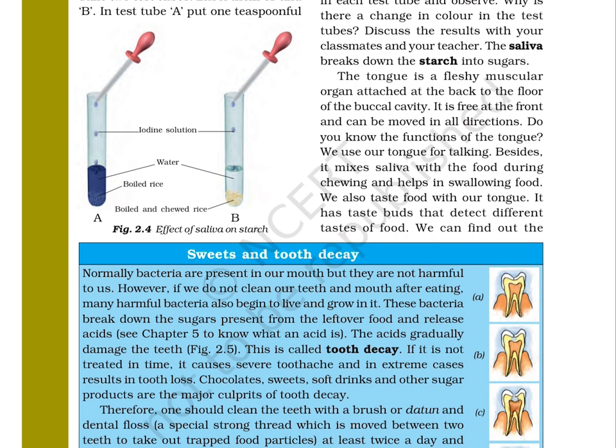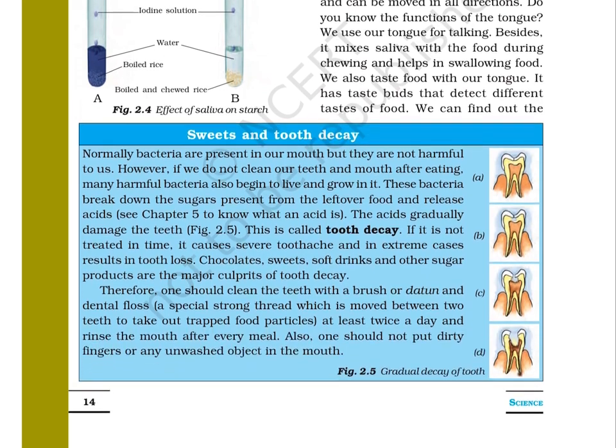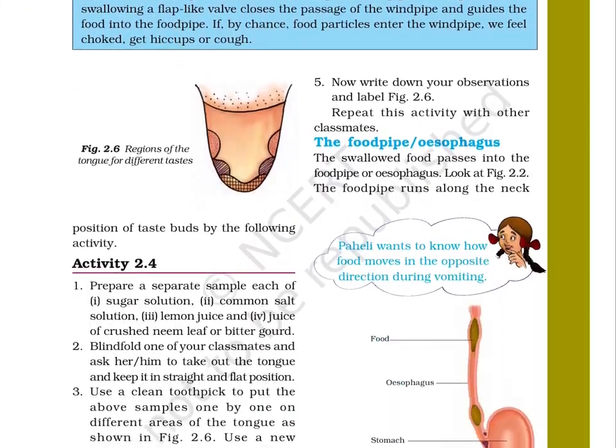Besides, it mixes saliva with the food during chewing and helps in swallowing food. We also taste food with our tongue. It has taste buds that detect different tastes of food. We can find out the position of taste buds with the help of this activity we will do now.